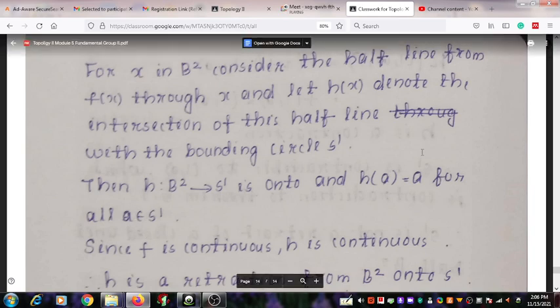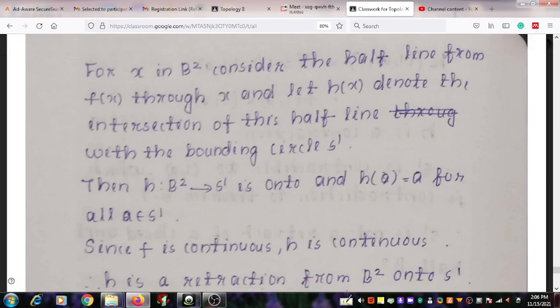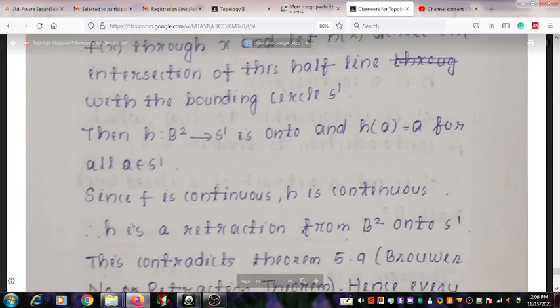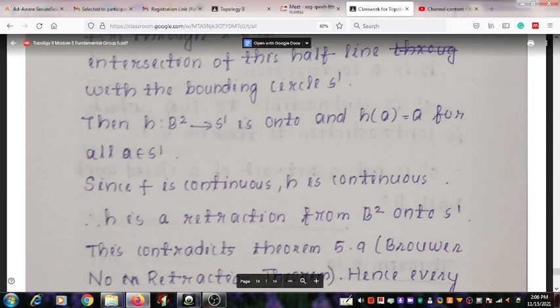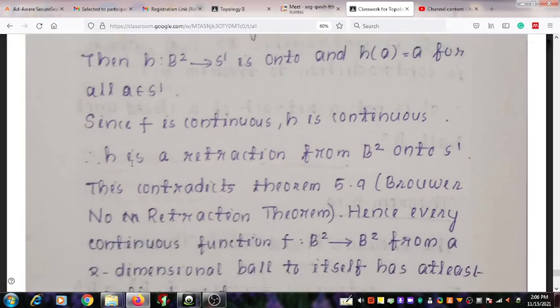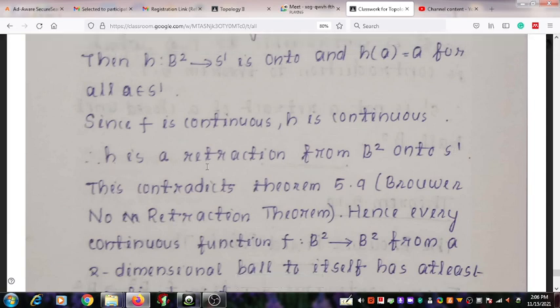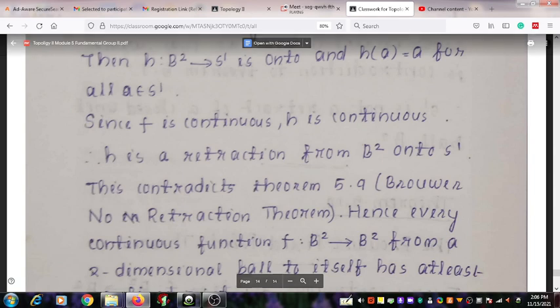If a is a point of S1, then h of a equals a, or the point is mapped to the same point. And since f is continuous, h is also continuous. Therefore h is a retraction from B2 to S1.